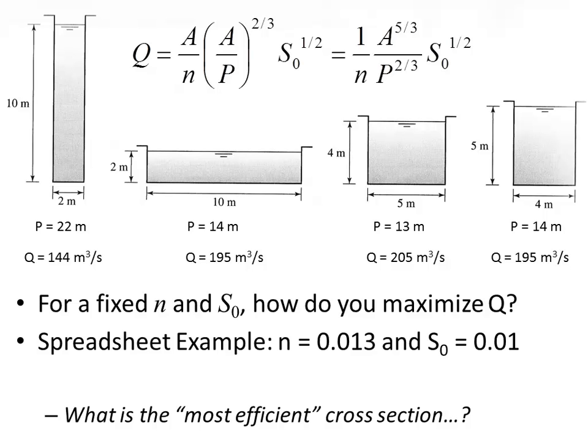So still with a cross-sectional area of 20 square meters, then the area will be y times 2y for it to be half a square. We have the square, cut it in half, then area is 2y squared, so y is 3.1623 meters. And let's try that in the spreadsheet to see what sort of a flow rate we can get with that geometry.